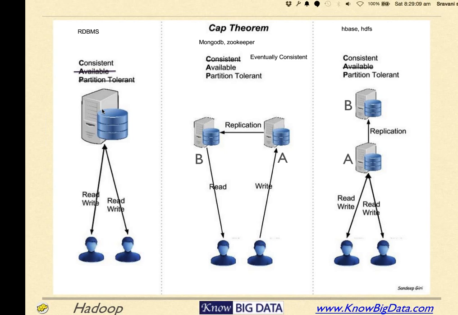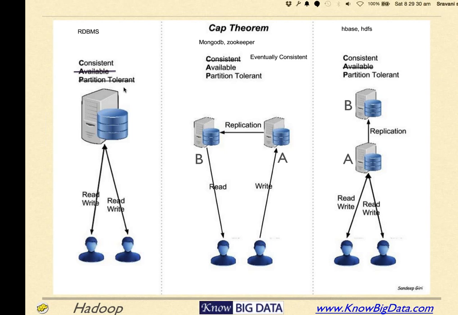This single machine has got 16 cores and 200 GB RAM. So all the users are reading from the same machine and writing to the same machine. So in case this machine goes down for some reason, none of the users ever get catered.